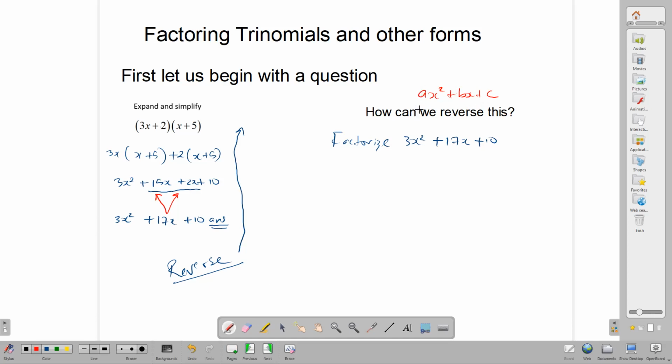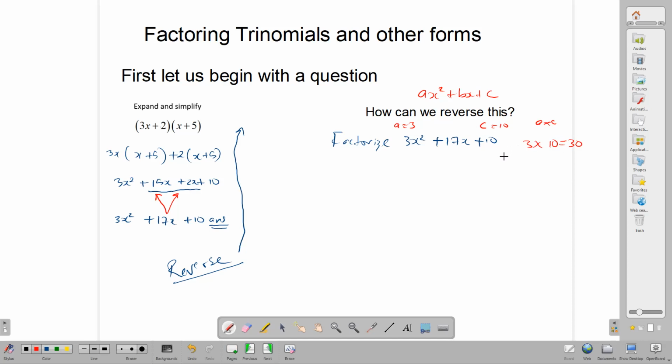The a in this expression is 3, and the c in this expression is 10. We start off by multiplying our a and our c. And sometimes this is called the AC method because of this. So we multiply the a by the c, which means we say 3 times 10 equals 30.